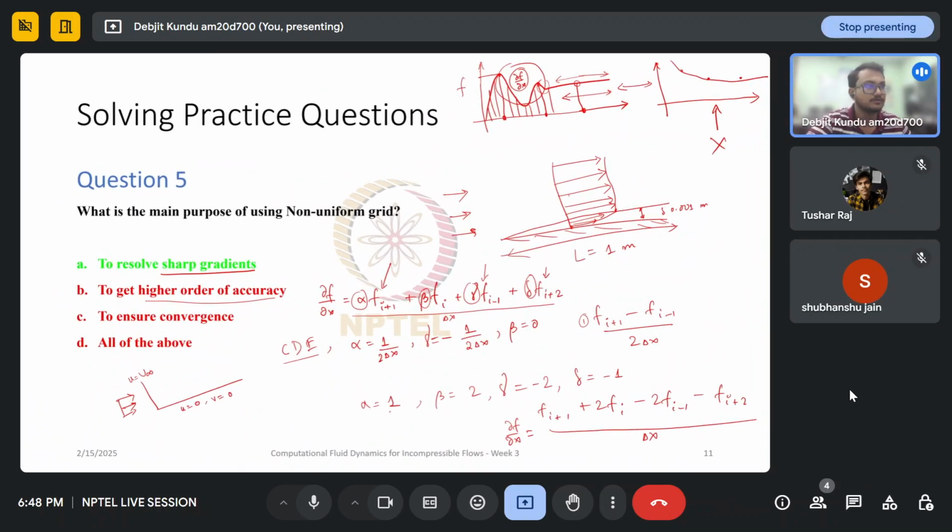Oh, okay. If I understand you correctly, let's say I have a domain like this. For the inner points, I can use the central difference scheme, right? But for these endpoints, I have to use forward difference, because there are missing points on either side, and here I have to use backward differentiation.